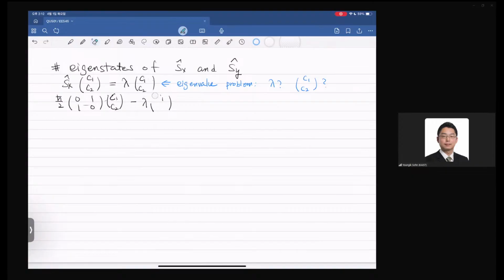Instead of writing this, in the typical linear algebra approach, you put the identity matrix here, C1, C2.